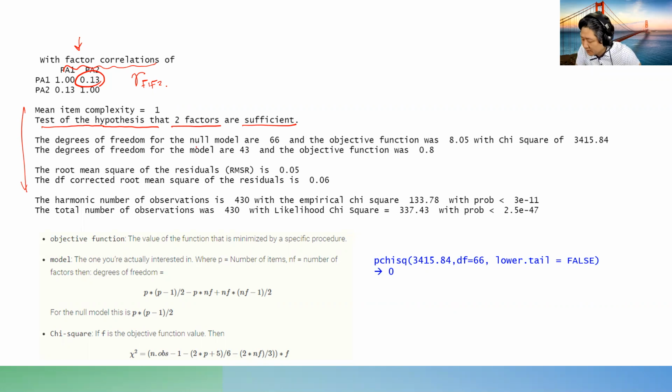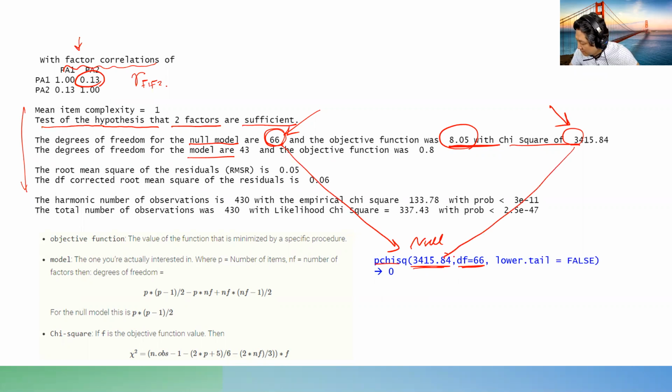It gives the chi-square value and degrees of freedom for the null hypothesis.